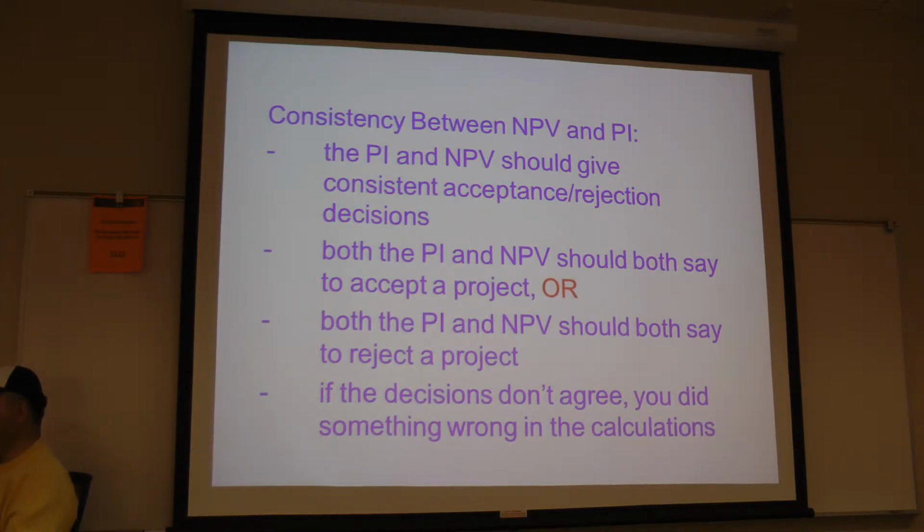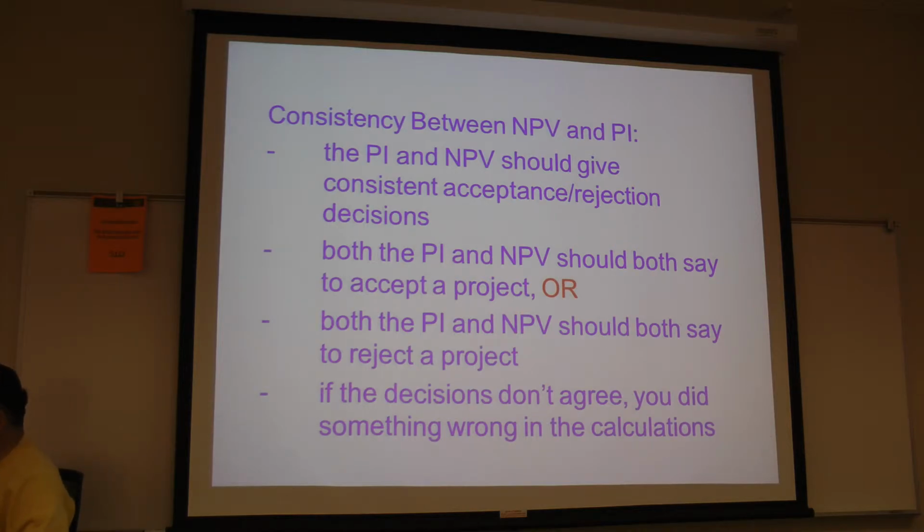Let's talk about the consistency between the net present value and profitability index. The profitability index and the net present value should give consistent acceptance or rejection decisions. Both should say to accept the project, or both should say to reject the project.